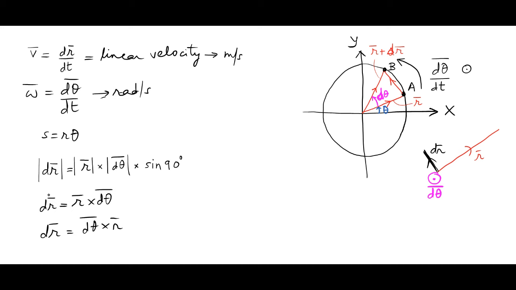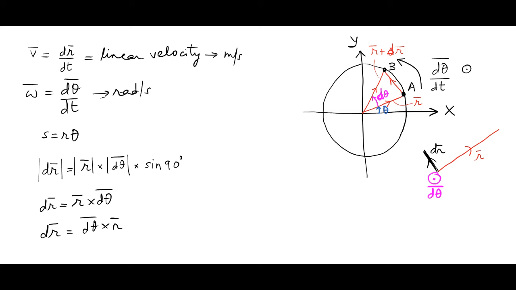So going back to the figure on the right hand side, you apply the right hand rule to r bar cross d theta bar first. That's the first relation, and when you do that, I'm sure that you'll get a vector in this direction. It's not dr bar, in fact it's in the opposite direction of dr bar. So the first relation doesn't seem to work, it seems to be wrong.